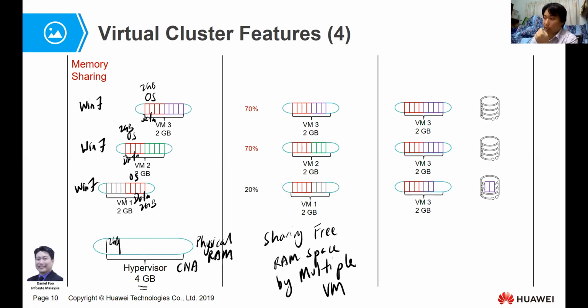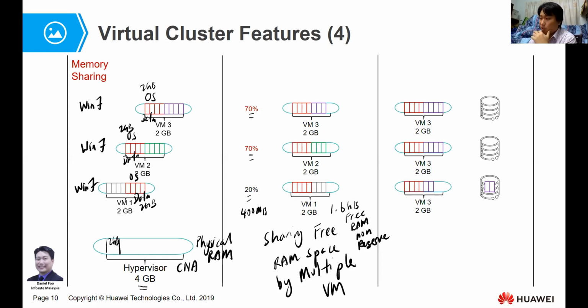You see here the utilization for VM3 is 70%, this one 70, this one 20. From the 20, I am using around 400 megabytes of RAM memory only. So the virtual machine still has about 1.6 gigabytes of free RAM, non-reserved. This is the keyword.